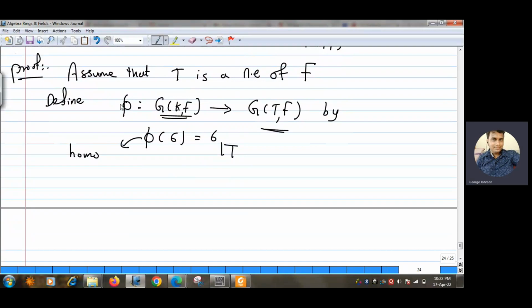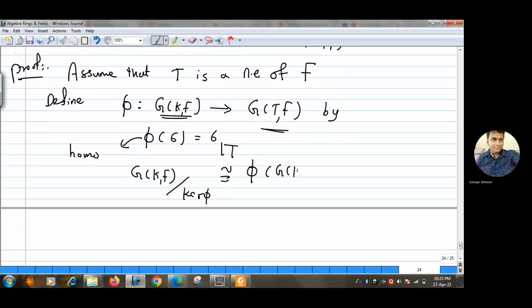What does it state? Because phi is a homomorphism, it says that GKF quotient kernel of phi is isomorphic to the image of GKF. If the map is onto, then I can replace this range by the codomain, but I should know whether phi is onto or not. Right now, we don't know whether phi is onto. We just know that phi is a homomorphism.